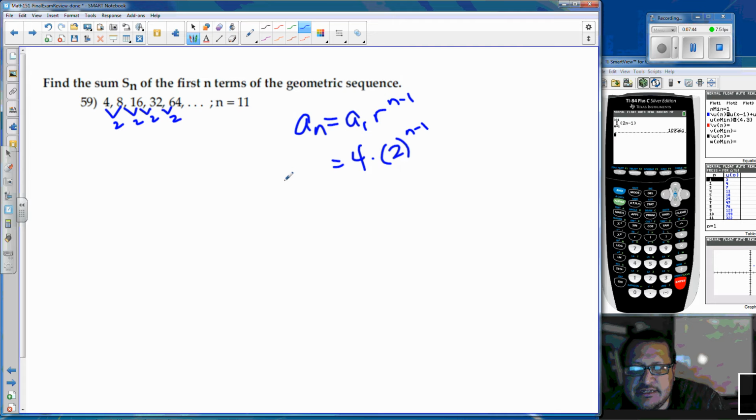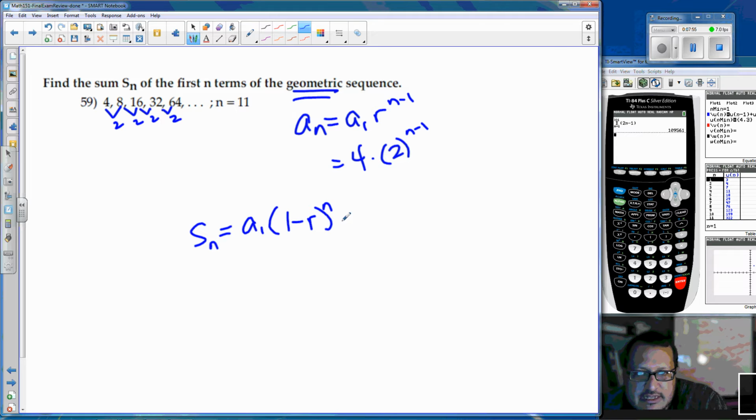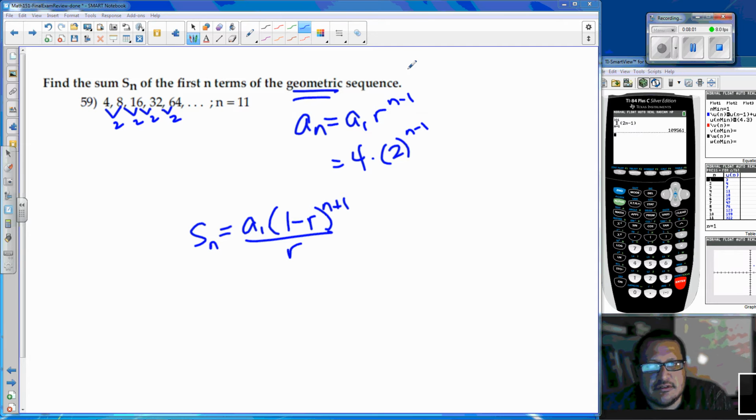The formula here is S sub n for a geometric sequence is a sub 1 times 1 minus r to the n, over 1 minus r. Sorry about that.